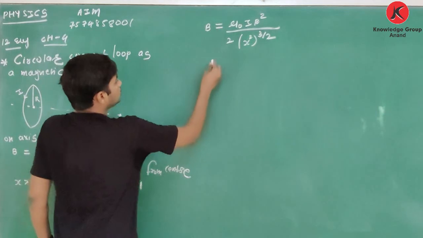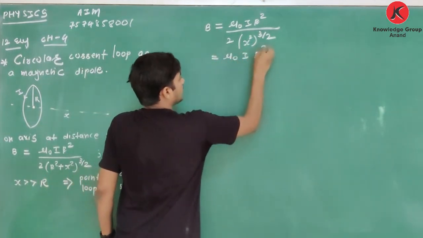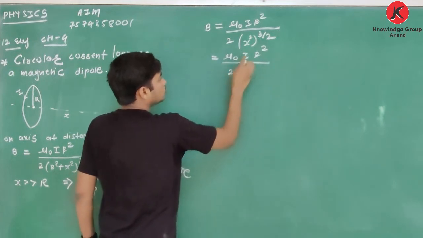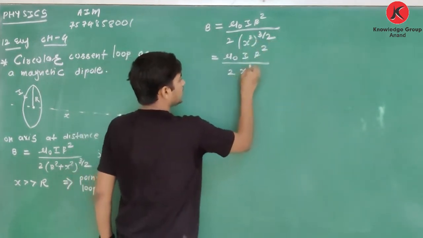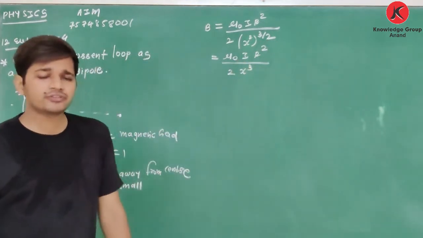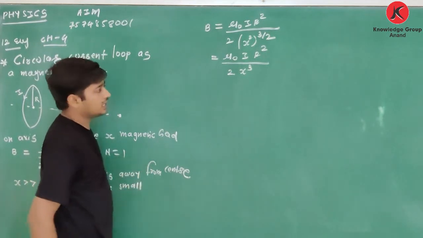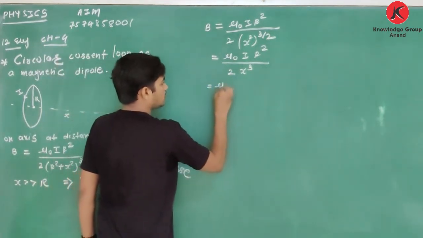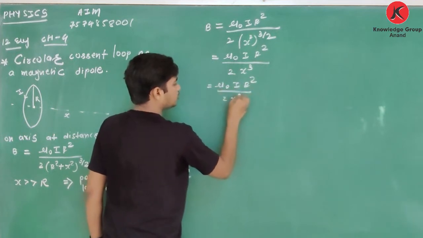So it is mu 0 I r square divided by 2 x square raised to 3 by 2. Square and 1 by 2 cancel, so it is only x cube.